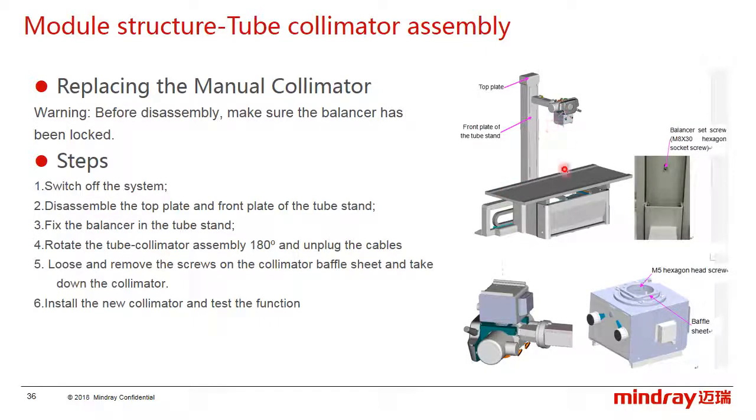Fourth, rotate the tube collimator 180 degrees and unplug the cables. Fifth, loosen and remove the screws on the collimator baffle switch and take down the collimator. Sixth, install the new collimator.